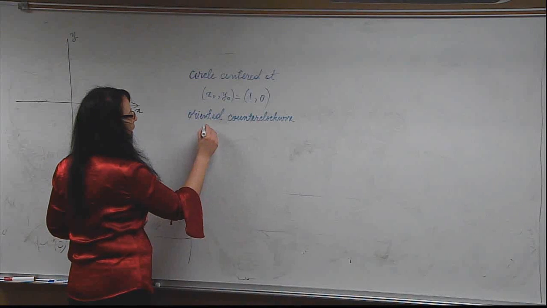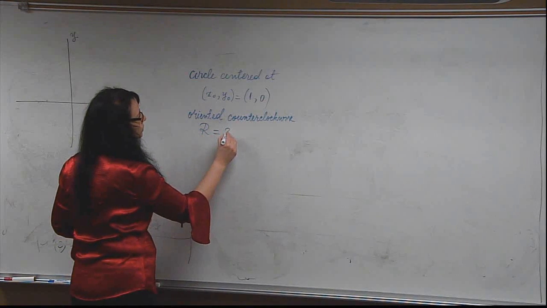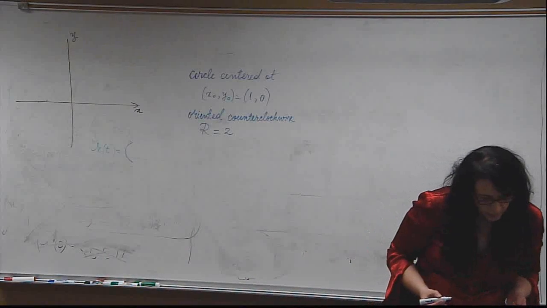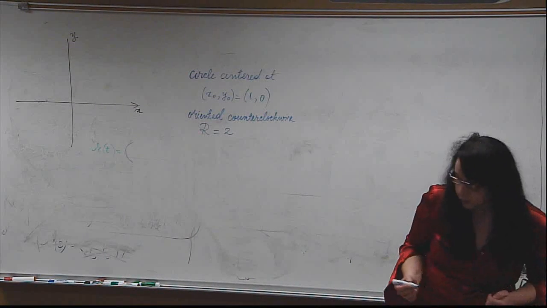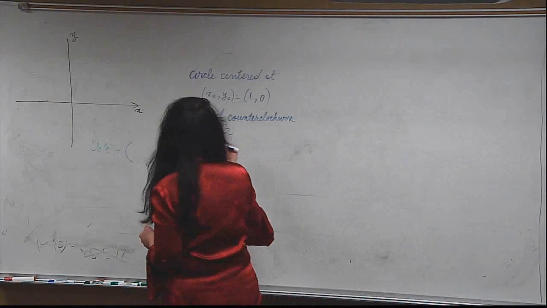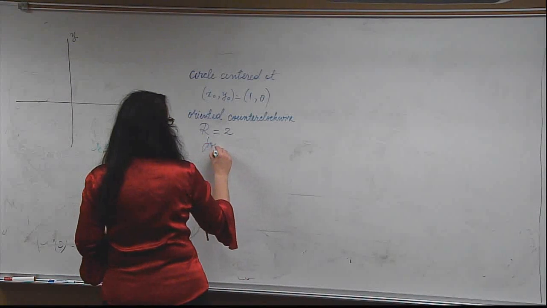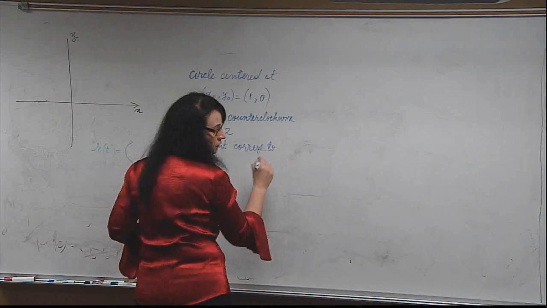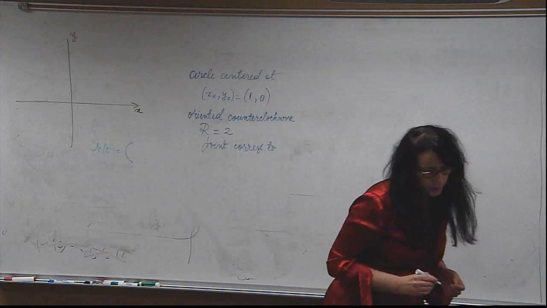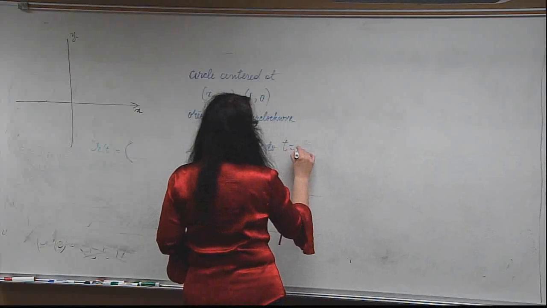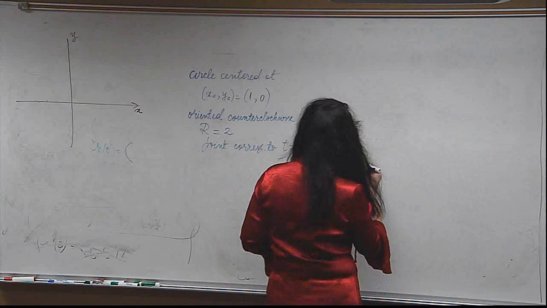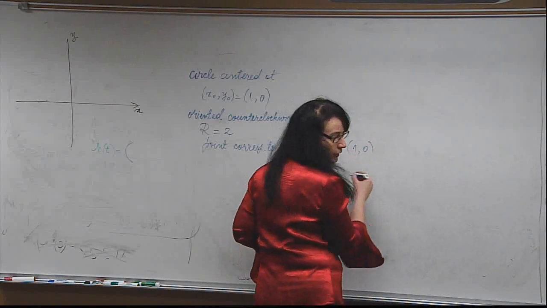So you have R equals 2, let's say. And you have the point, I'll make up something, the point corresponding to t equals 0 will be given as 1, 0, whatever, okay?